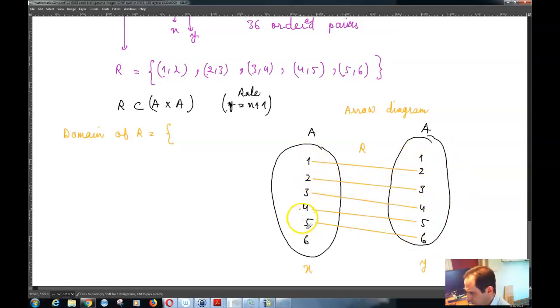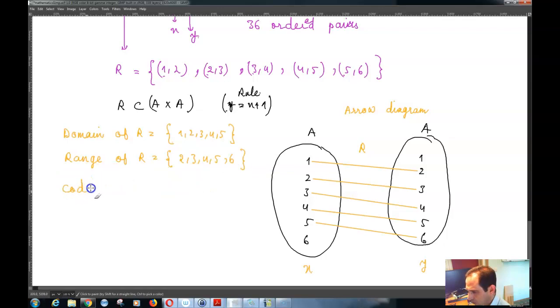So it's 1, 2, 3, 4, and 5. The range of R is basically all of these elements that are the images of the elements over here. So it's 2, 3, 4, 5, and 6.